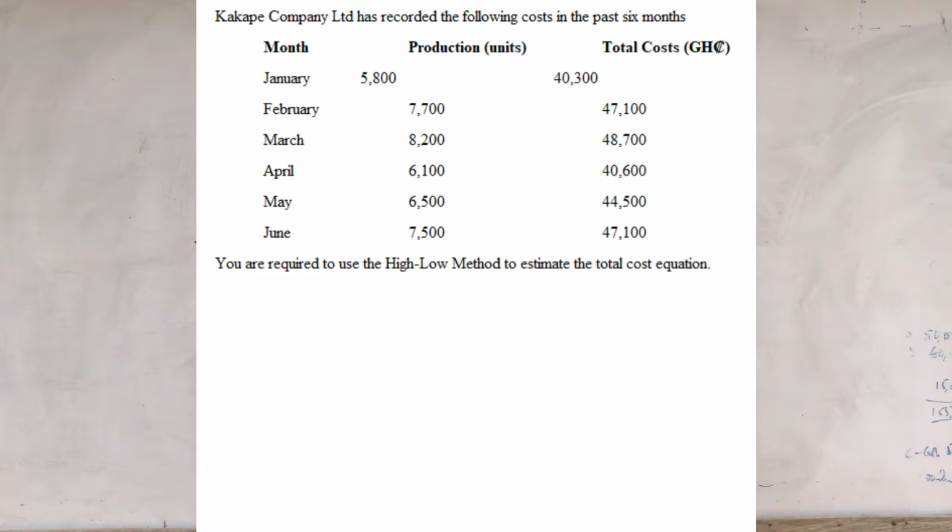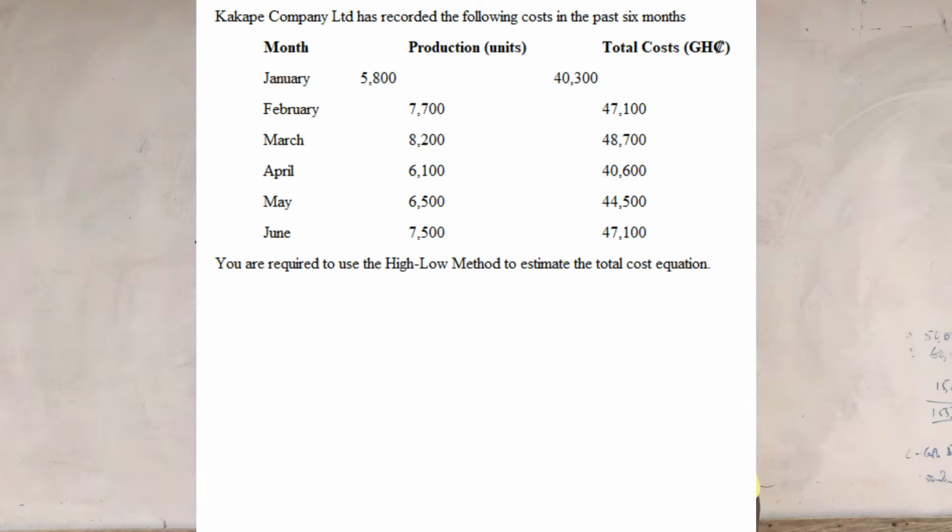Kakape Company Limited has recorded the following cost in the past 6 months. So we have the months, the production units, and the total cost. In January, there were 5,800 units produced at a total cost of 40,300. In February, 7,700 units at a total cost of 47,100 Ghana cedis. In March, 8,200 units at a total cost of 48,700.